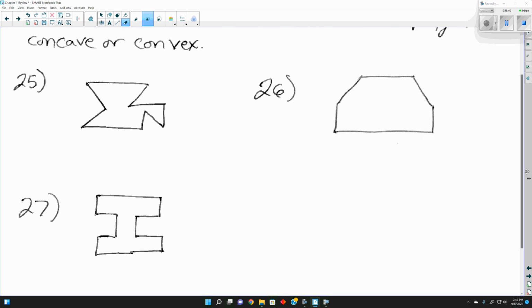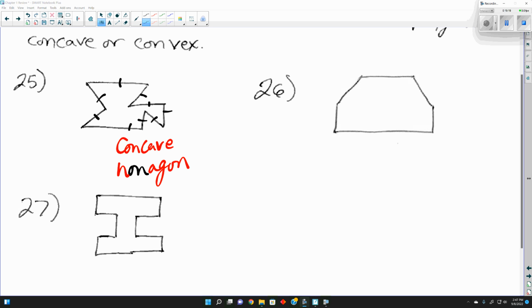25, 26, 27. So 25, is it convex or concave? It does look like it's caving in, yes? How many sides does it have? 9. So we got 1, 2, 3, 4, 5, 6, 7, 8, 9.